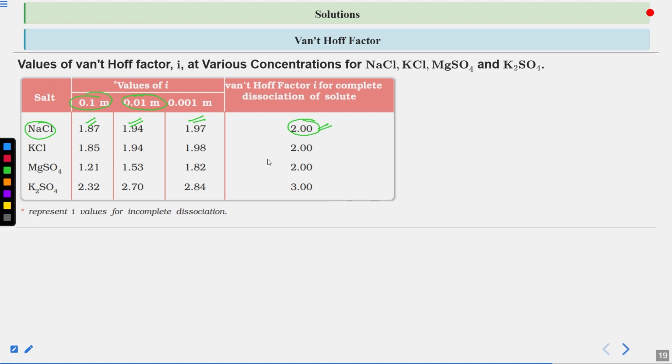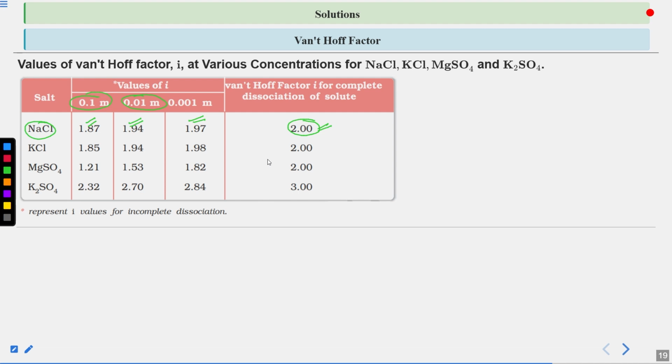And why is it happening? It is happening because in the case of higher concentration, there is a chance of interionic interaction. So at last, Na plus and Cl minus are oppositely charged. If you take a high concentration, that means you are taking a large number of molecules in a smaller area. So that is the basic idea behind concentrated solutions, right?